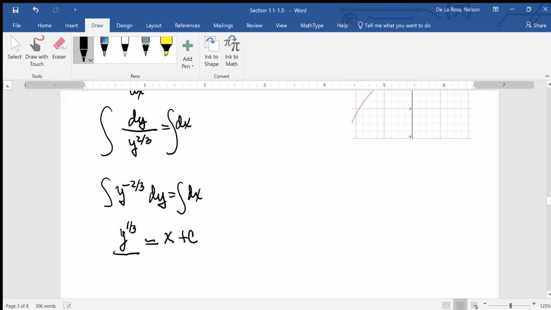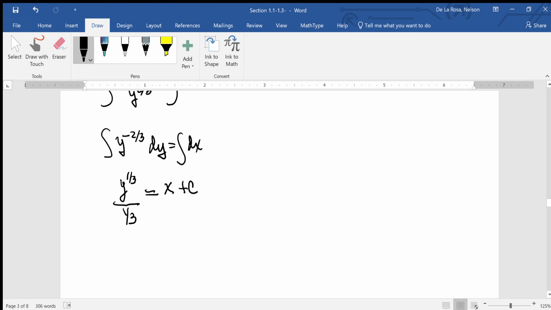We have this new power, we have to divide by that new power again. So this is equivalent to flipping 1/3. We're going to have 3y to the 1/3 equals x plus c, right?